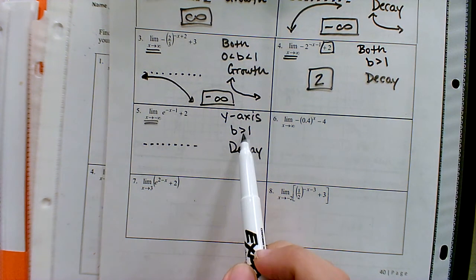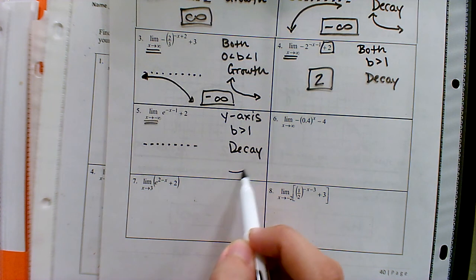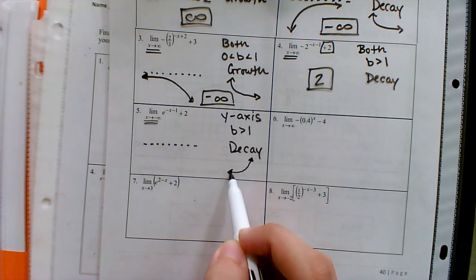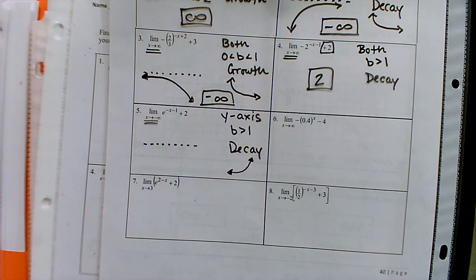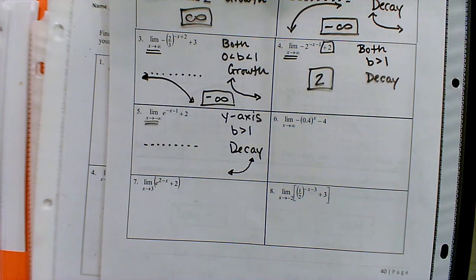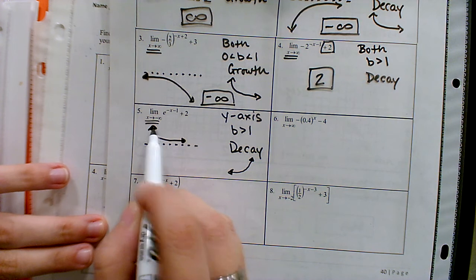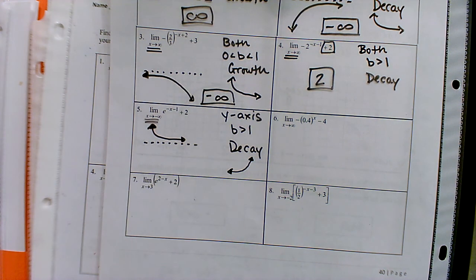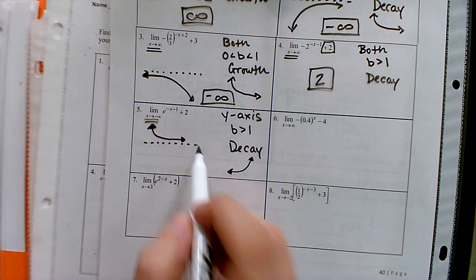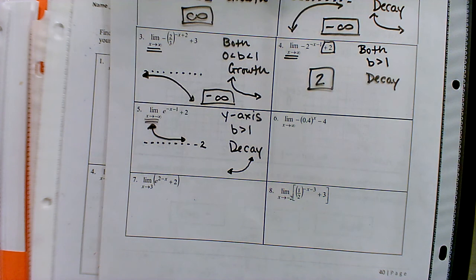If the base is bigger than 1, your graph is starting out as a growth. But if we reflect it across the y-axis, it's now going to look like that. Your asymptote is located at 2.